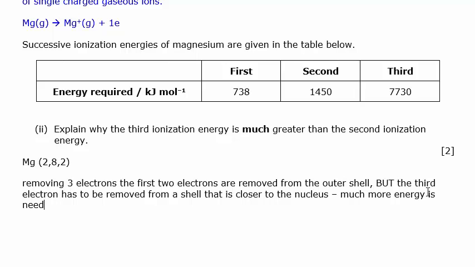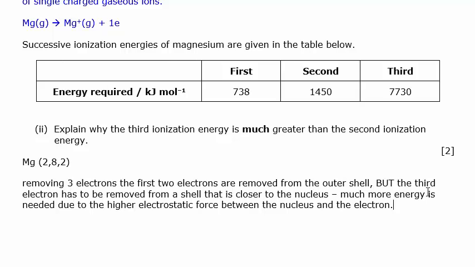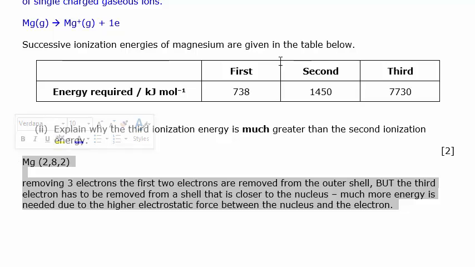And you could say, due to the higher electrostatic force between the nucleus and the electron. That last part's probably not needed at all, but certainly everything else covers our bases there.